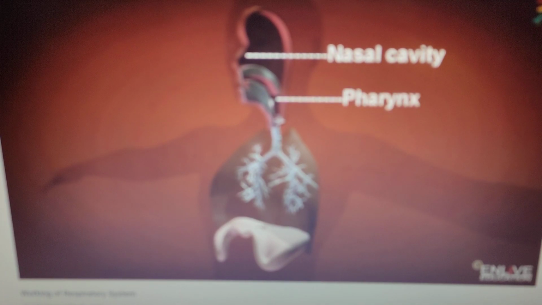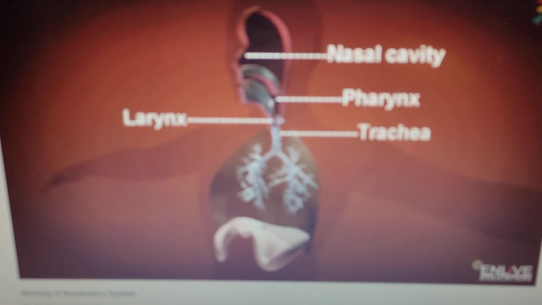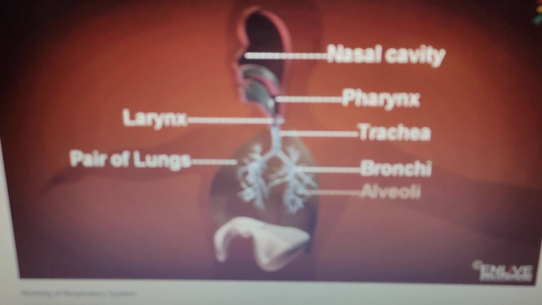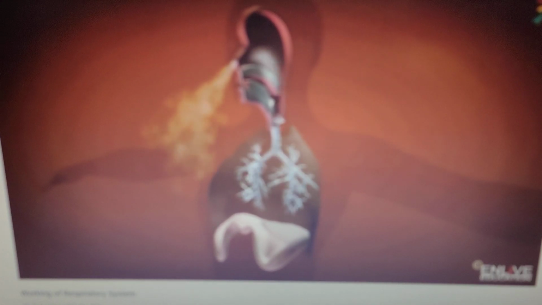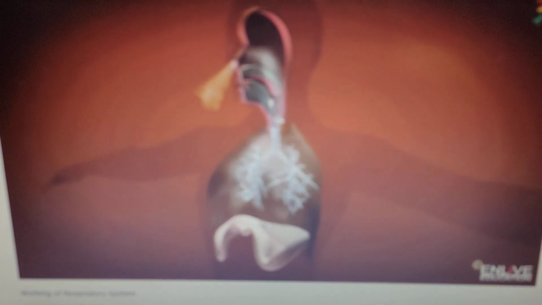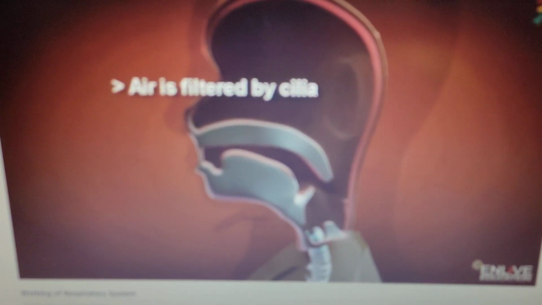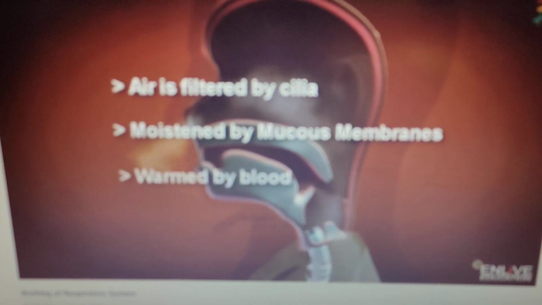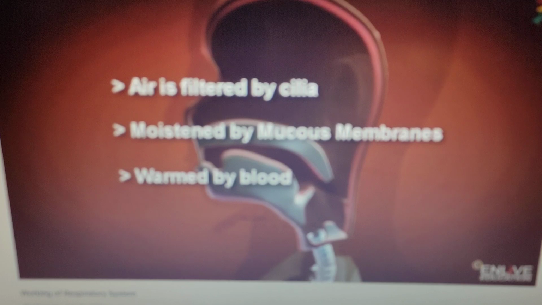It's the nasal cavity, the pharynx, the larynx, the trachea, the pair of lungs, the bronchi, the alveoli, where the air or the oxygen is coming in and out of the respiratory system. It is filtered by the cilia, moistened by mucous membranes, and warmed by blood.